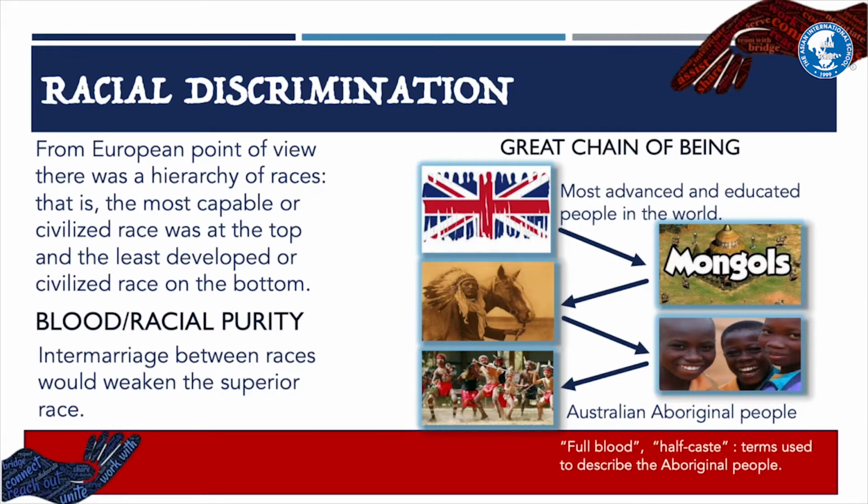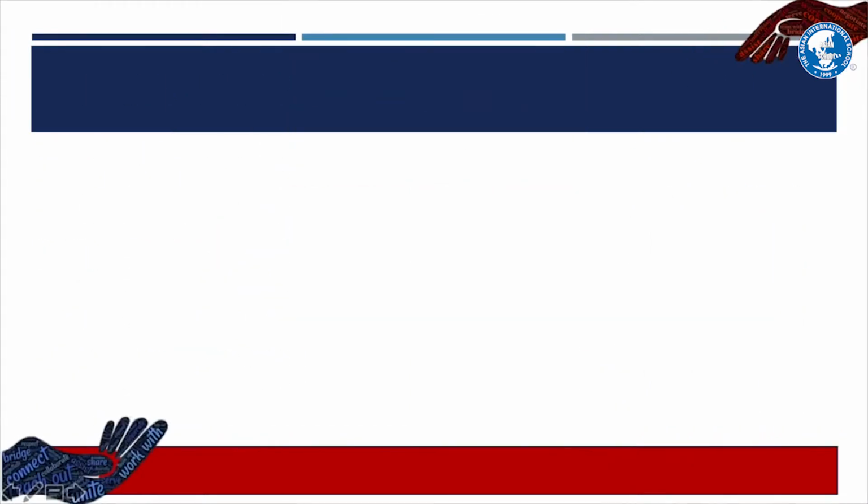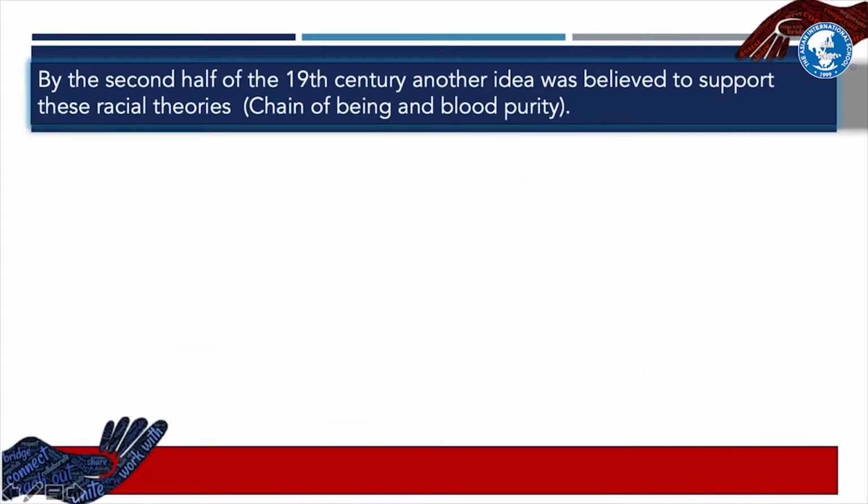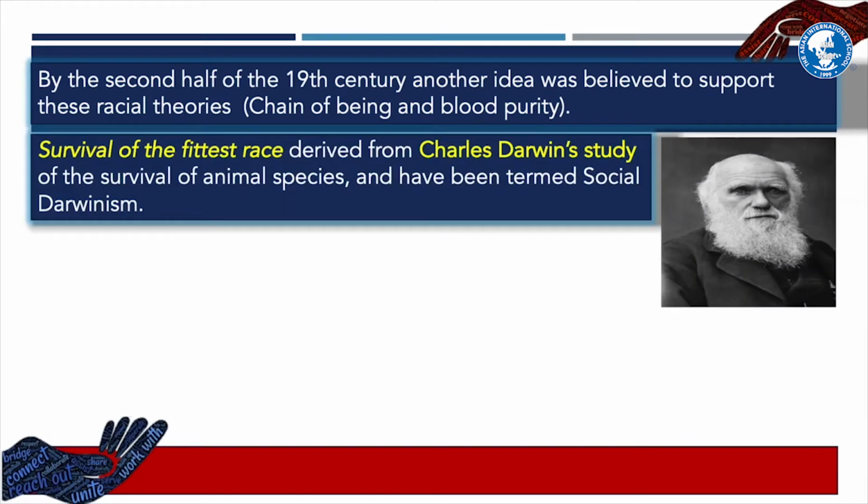Okay? So full blood or half caste were also the terms used to describe Aboriginal people. By the second half of the 19th century, another idea was believed to support these racial theories. That is, the survival of the fittest race, which derived from Charles Darwin's study of the survival of animal species and has been termed social Darwinism.